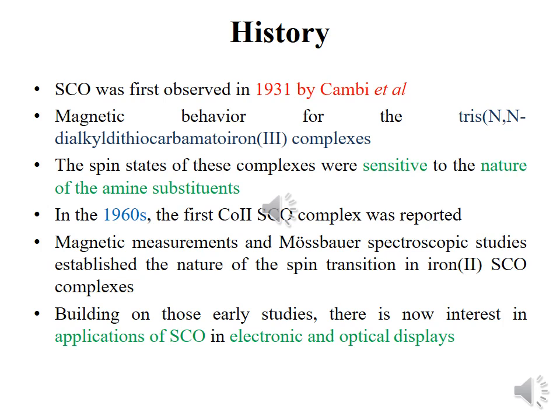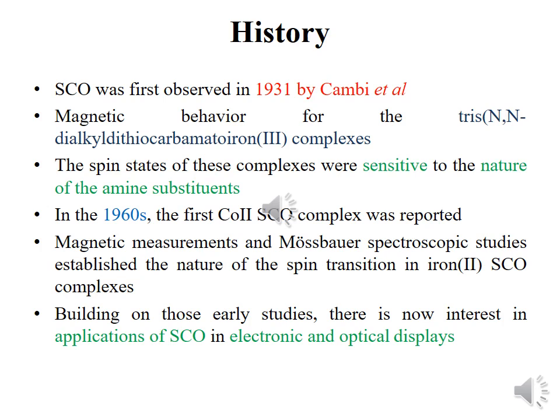The spin state of these complexes was sensitive to the nature of the amine substituents. It means that these are very sensitive. If we use another ligand other than ammonia, then the nature of this complex will be changed.